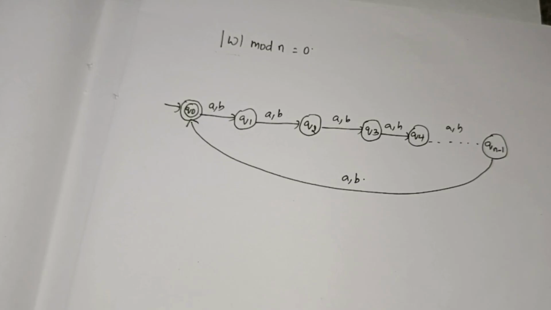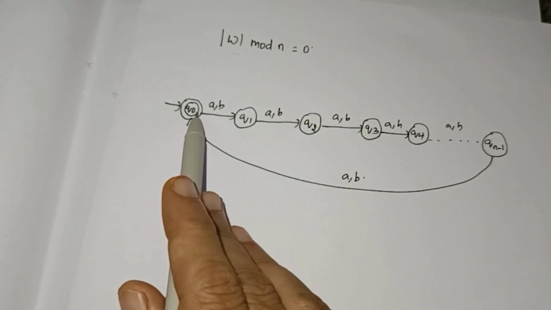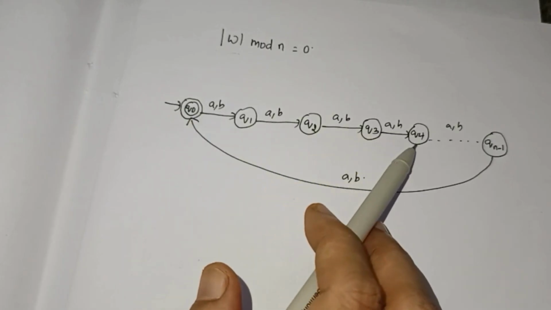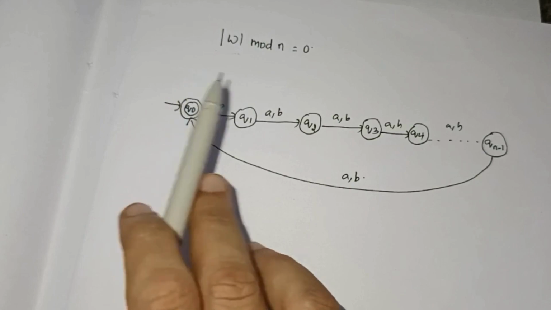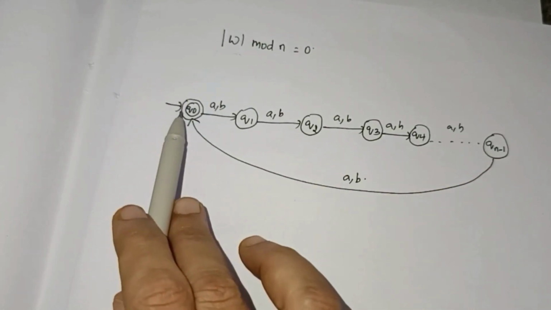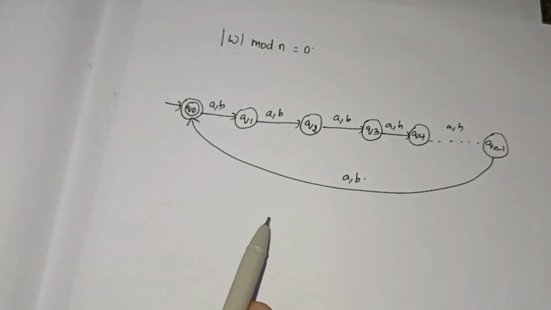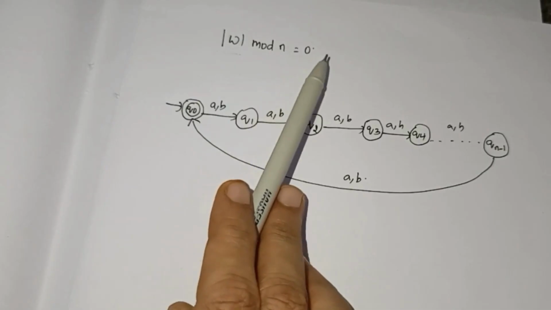Just understand that if it is |w| mod 3, I will be reaching Q2 and the third transition goes here. If it is 5, till 4 I will take, and the fifth transition I am taking here. So if it is n, till n minus 1 I will take, and the nth transition will move to Q0. So this is the DFA for |w| mod n equals 0.